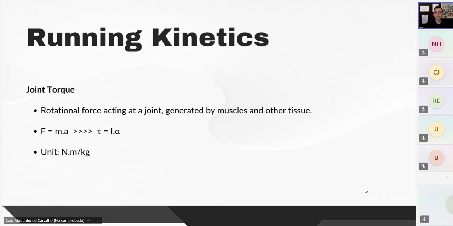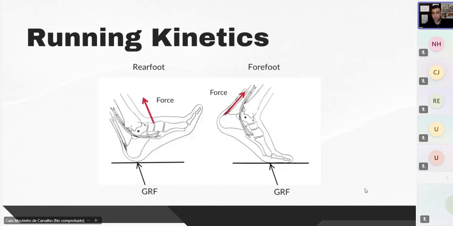Analogically, it's like Newton's second law, but applied to angular, circular motion: torque is the moment of inertia times the angular acceleration, the same way that force is mass times acceleration. The unit that we're using is Newton meter per kilogram. Just so we don't get lost in the middle of it.